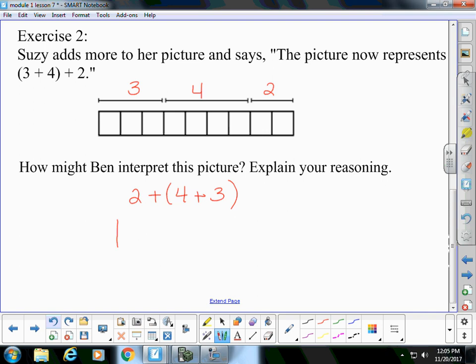Just to be clear why I put parentheses and why Susie put parentheses on the 3 plus 4 or the 4 plus 3 is because that was there originally and then added 2 more. Susie added 2 to the back of it, and I think he's going to see 2 added to the front of it. And the grouping symbols, the parentheses, means do that part first, or in this case, that part was already there first.